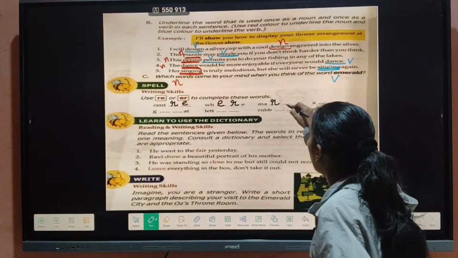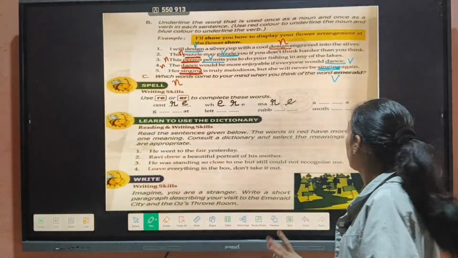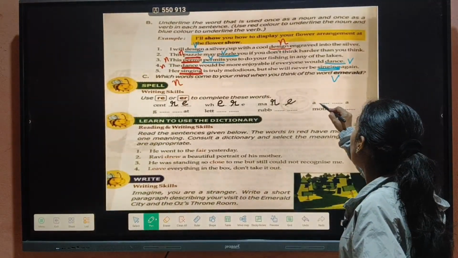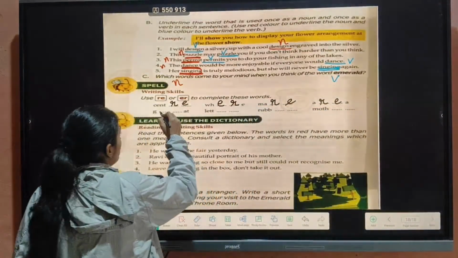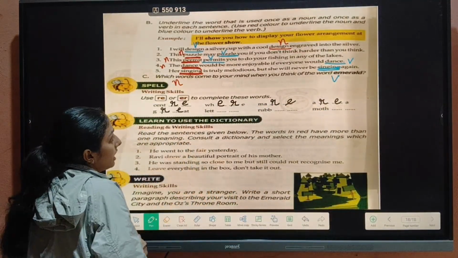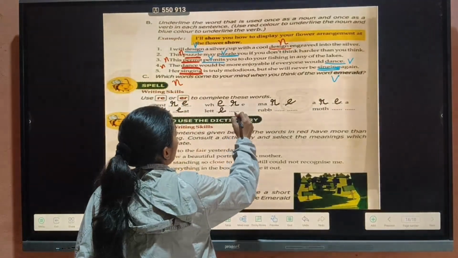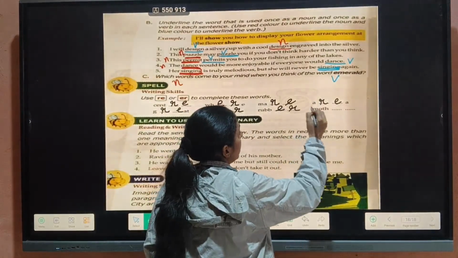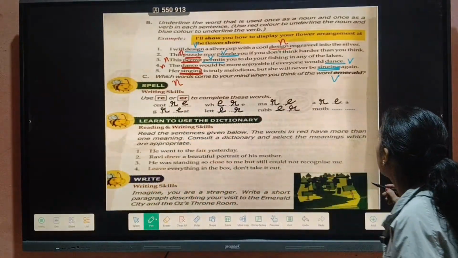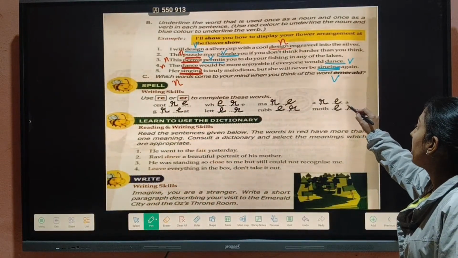Mare, MARE, horse, mare. Area, AREA. Great, GREAT. Letter, LETTER. Rubber, RUBBER. Mother, MOTHER.